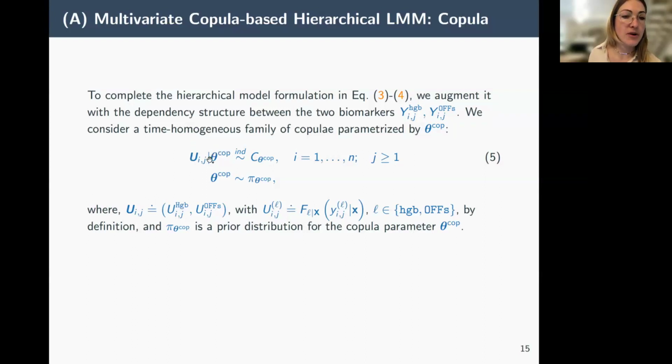It depends on a parameter, which we denote by theta cop, and we assume that it can follow a generic family denoted by C, and we will later make some assumption on this generic family because it will reflect the data that we are taking into account. And similarly to the hierarchical framework for the marginals, we use a Bayesian framework and we consider some prior distribution for the unknown parameter of the Copula model.